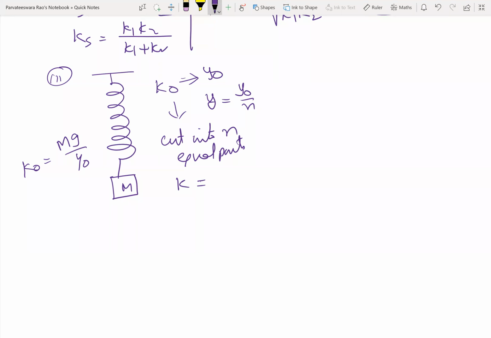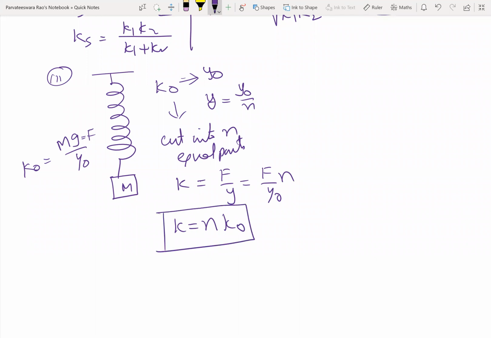So k is equal to f by y, this is of course f, f by y naught by n. Therefore, we will get k is equal to n into k naught. So you are given a spring, you have cut that into n parts, and each part will have a spring constant n into k naught.